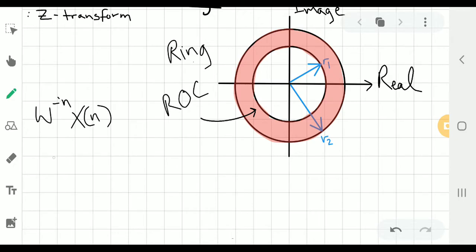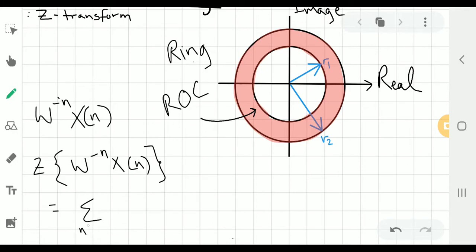In this case, the Z transform of w to the minus n x of n is the summation from n equals minus infinity to infinity of w to the minus n x of n z to the minus n.